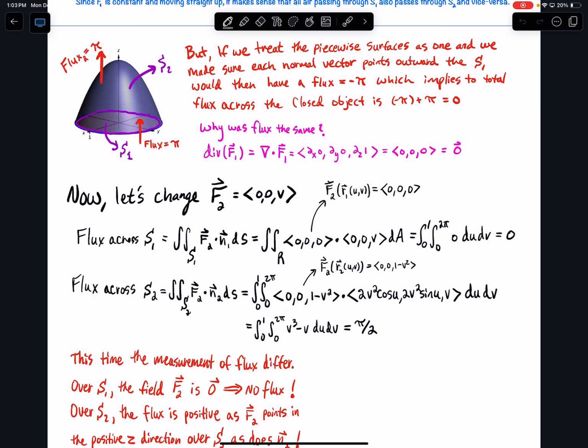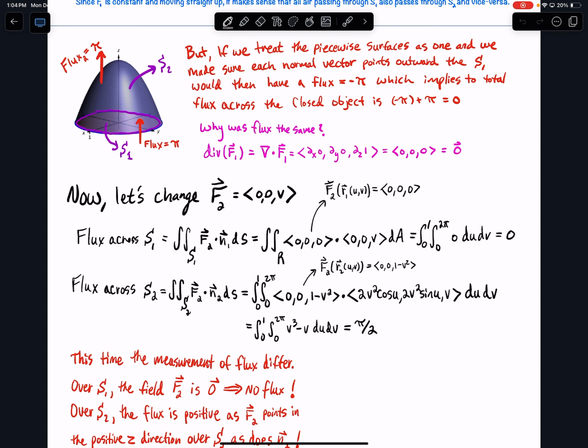Okay. So if we treat the piecewise surfaces as one, we made sure each normal vector points outwards. Okay? S1 would have a flux. Now, when we calculated it, we were going up, right? But if we point it down, instead of it being positive pi, it becomes a negative pi.